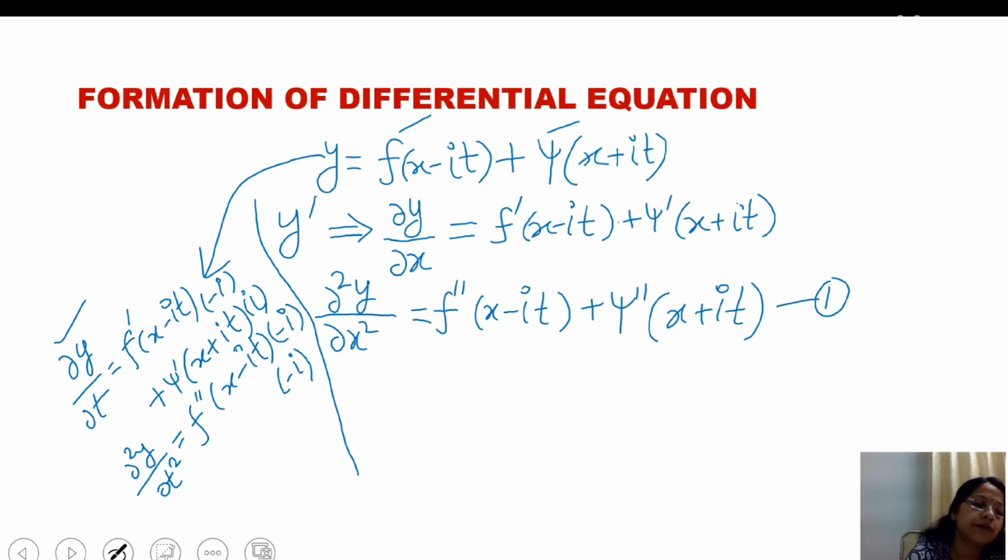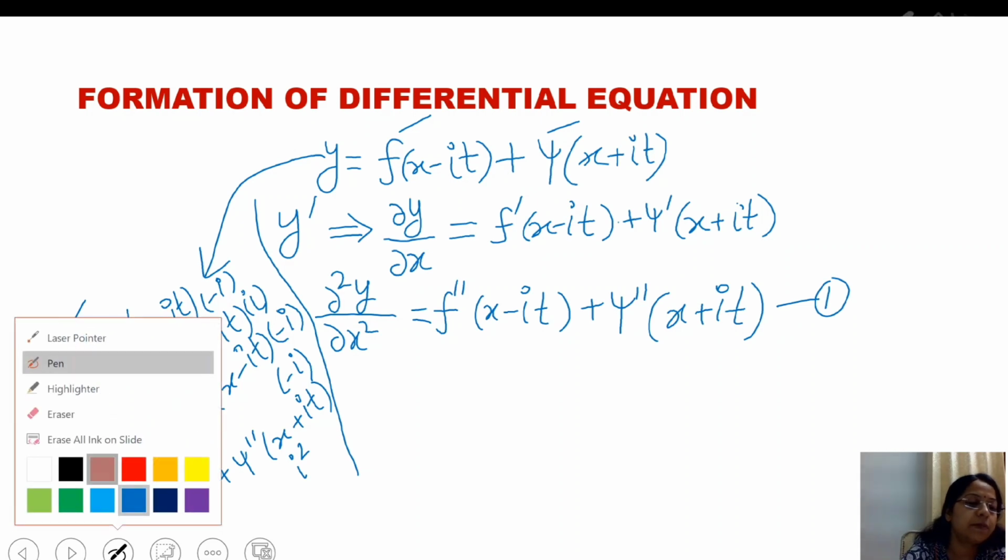Once again I differentiate psi dash, so here I am getting psi double dash (x plus iota t) into iota square.